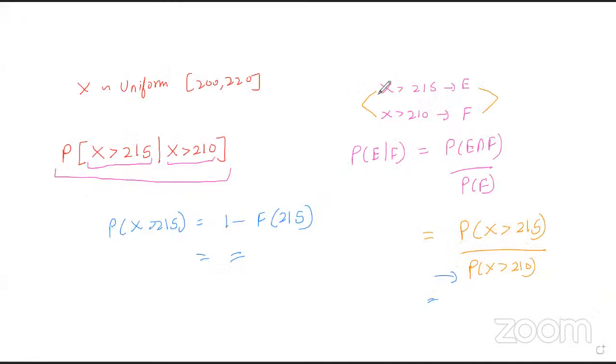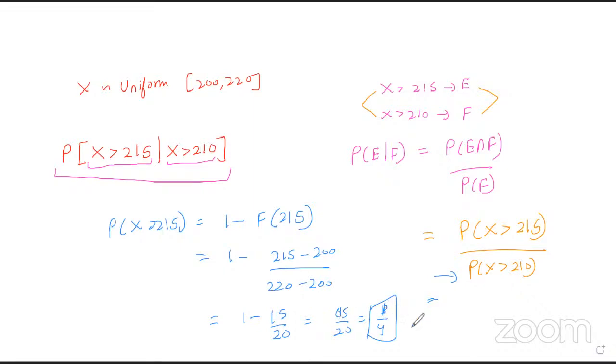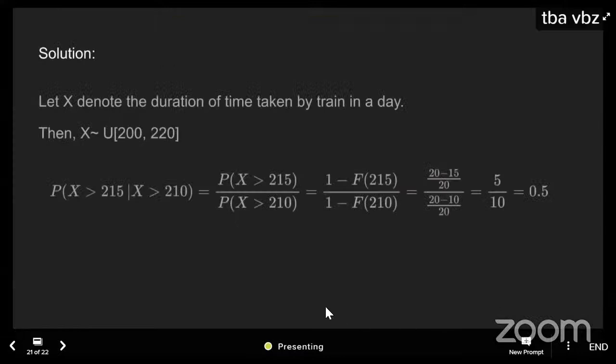So it is 1 minus CDF at the point 215, right? 215 minus 200 divided by B minus A. So 1 minus 15 by 20, which is 5 by 20, 1 by 4, right? Yes, sir.